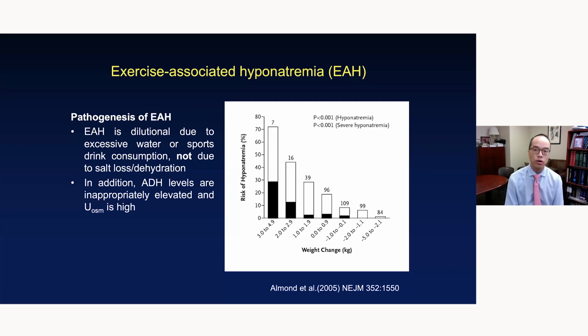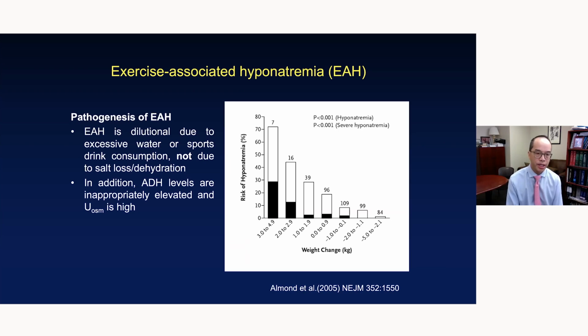So this patient almost certainly has exercise-associated hyponatremia, a very well-described syndrome that presents exactly like this case. And the important thing to understand here, as reported by Almond in New England Journal of Medicine, is that the hyponatremia is dilutional.